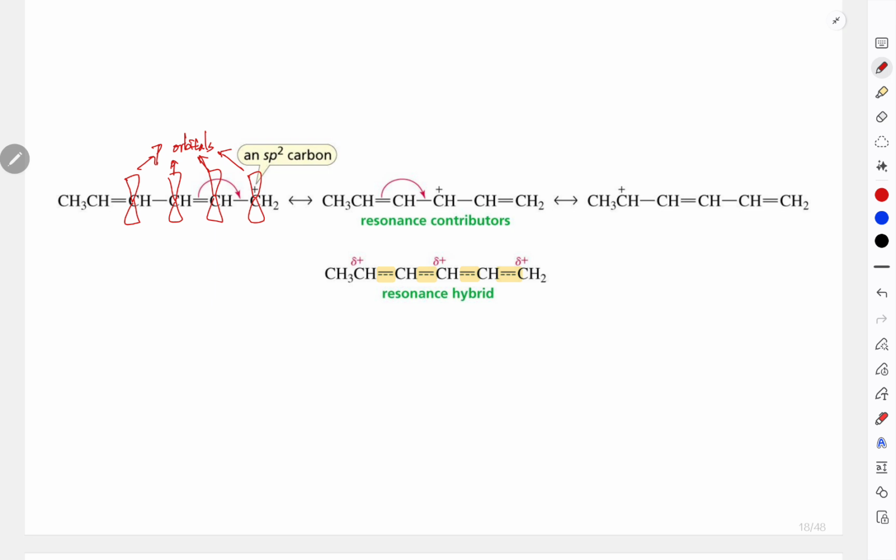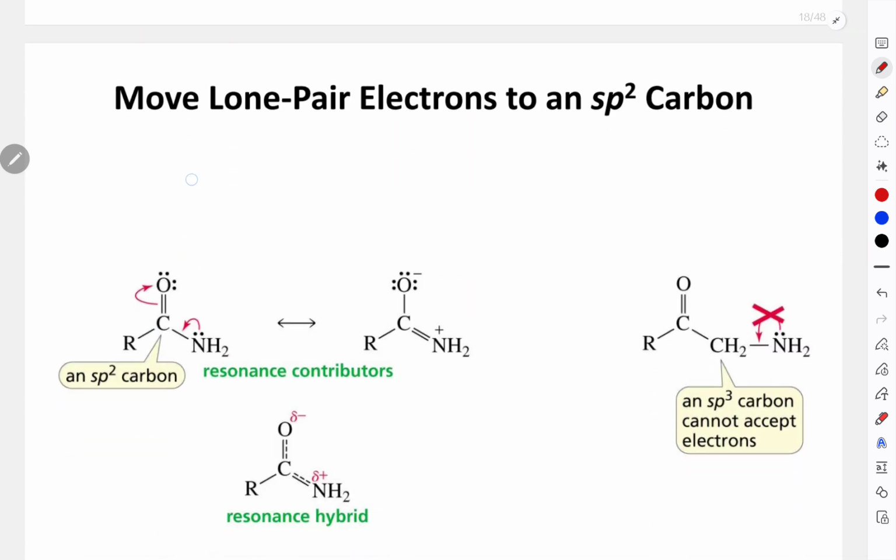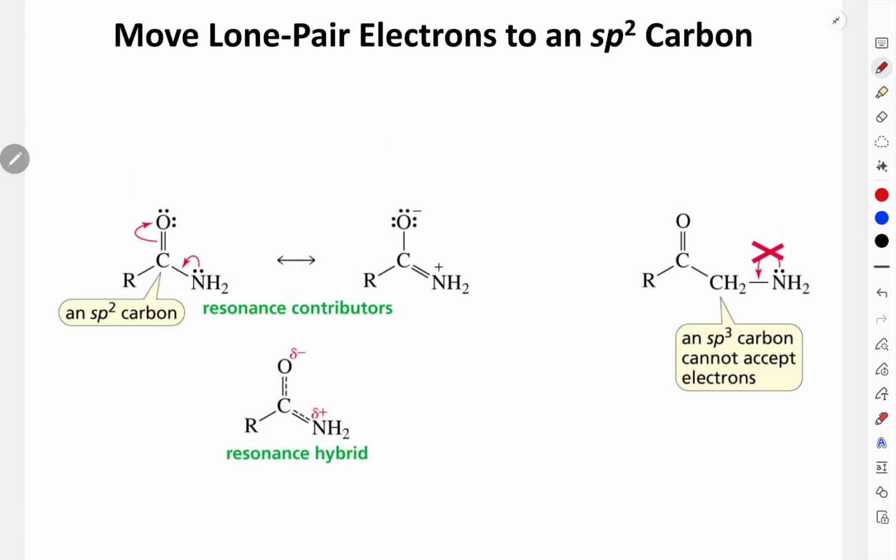Okay, what about the lone pair? A lone pair can also move. So this is the nitrogen, and you can also think about the degree of hybridization in the central atom. In this case, for example, this carbon has 3 different arms, so it's sp2 hybridized. That means this carbon also has a remnant p orbital, perpendicular to this plane.